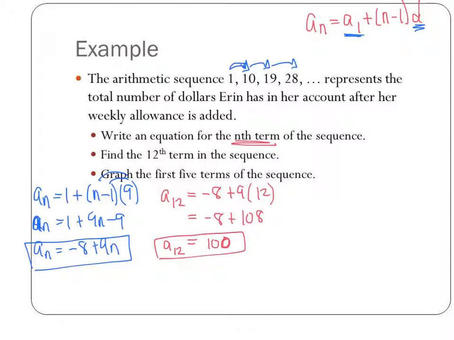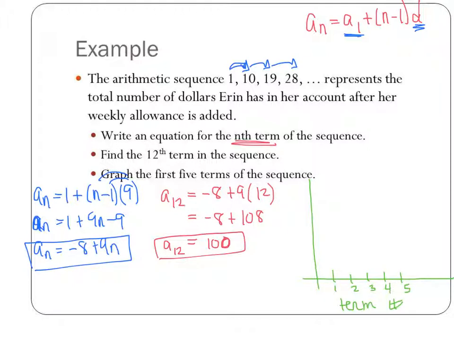And the third thing we want to do is graph the first 5 terms. Your graph is going to be in the first quadrant. Well, it doesn't have to be. It could be in the first or fourth quadrant. Your x is your term number, meaning first term, second term, third term, fourth term, fifth term. Your y is going to be the actual value of the term.